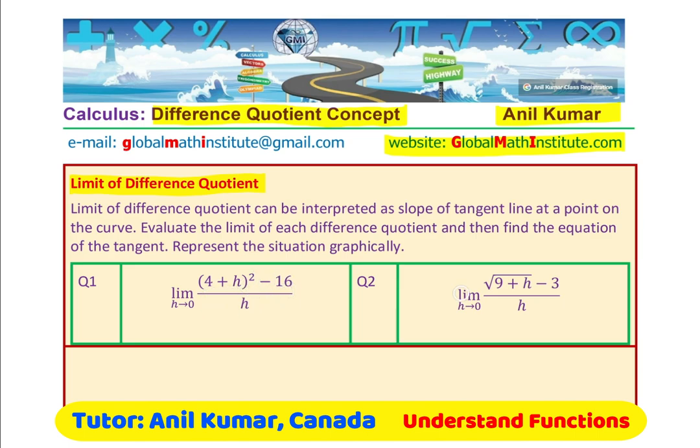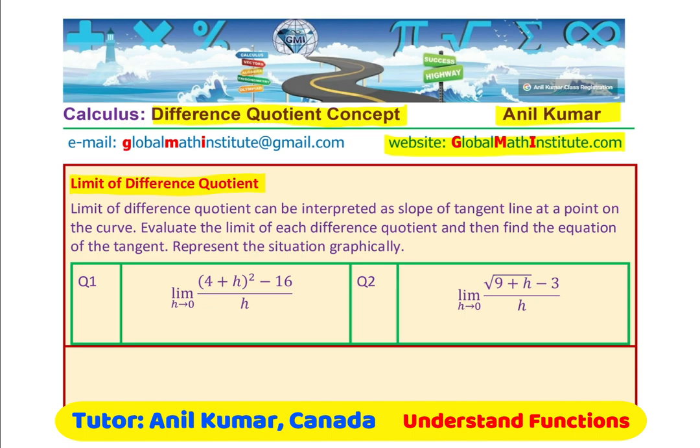The other one is the limit as h approaches 0 of the square root of 9 plus h minus 3 over h. You need to first evaluate the limit, that means figure out what the limit is, and then find the equation of the tangent, right? Once you've done that, then represent the situation graphically. That is the complete question.